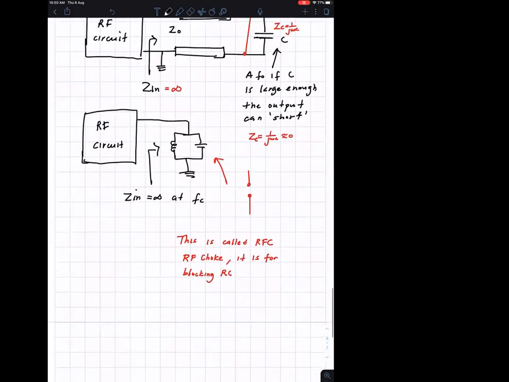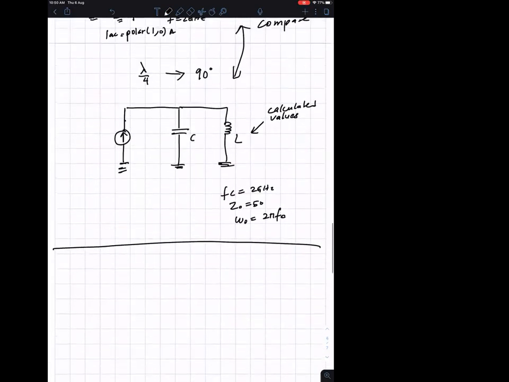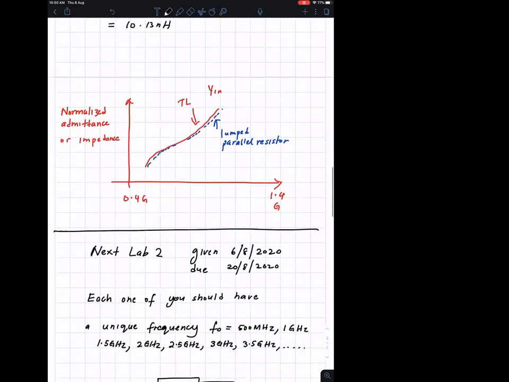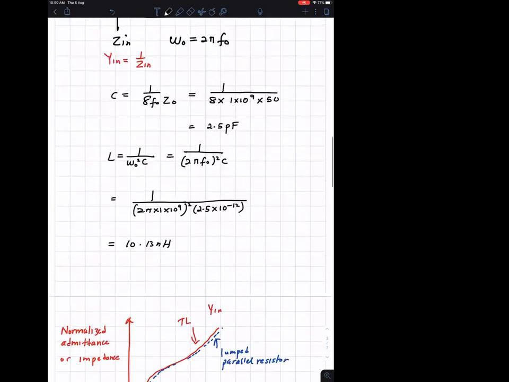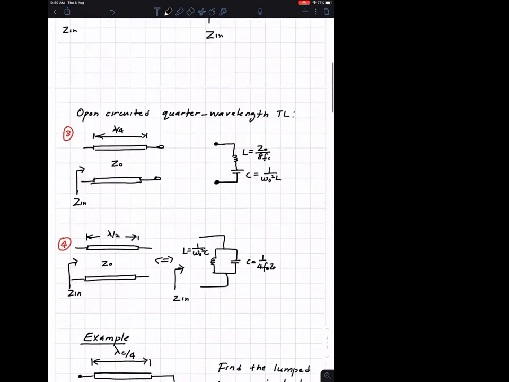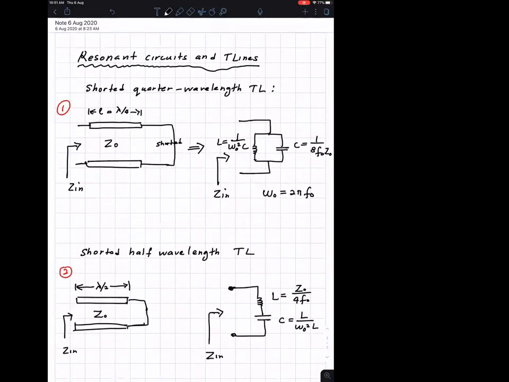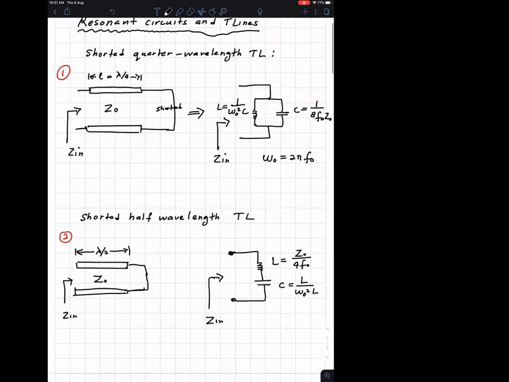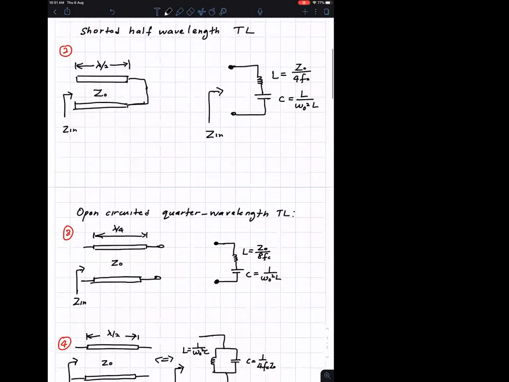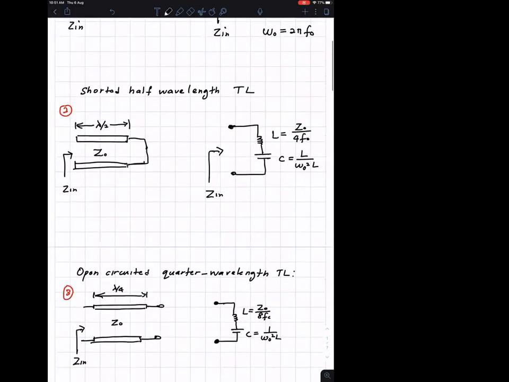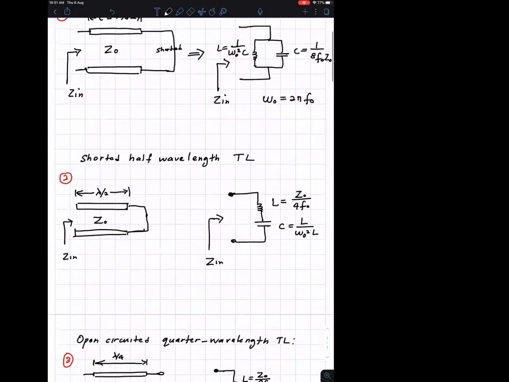So we are not doing anything complicated here. All I was trying to say was that transmission lines of different wavelengths, quarter wavelength and half wavelength, with either an open or short circuit at the end, can be represented by a lumped LC circuit.